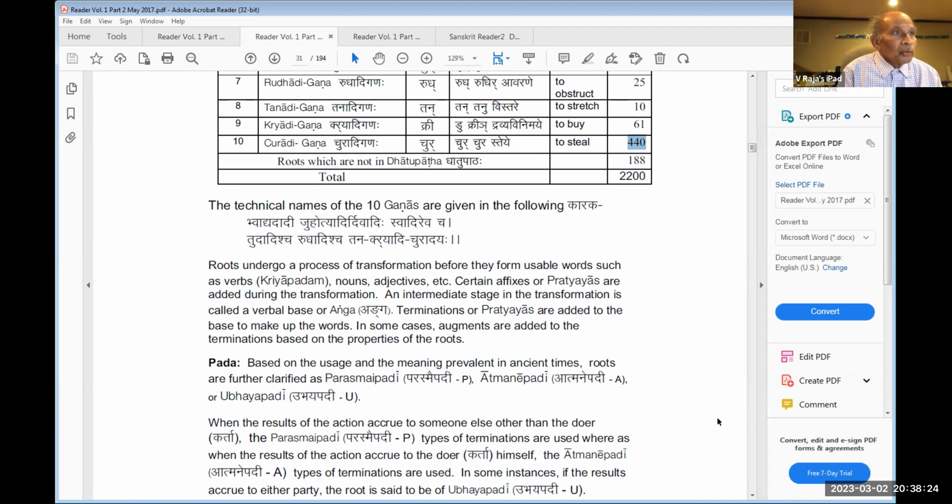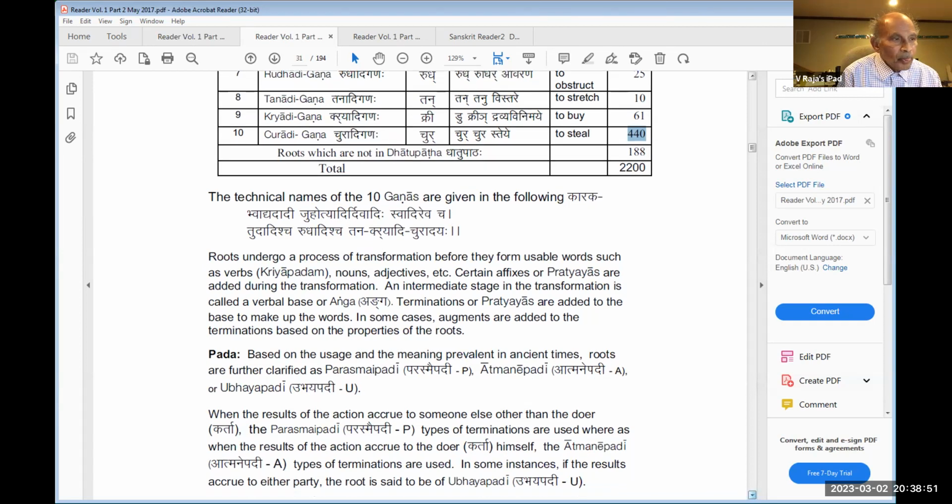So the roots have not only the gana, they also have the Pada they belong to. Parasmai Padi accrues to other people, Atmane Padi comes to you, and Ubhayapadi comes to both people. So in a summary, we say P, A or U, that is what it means.